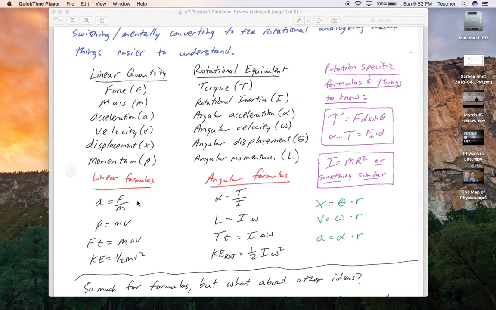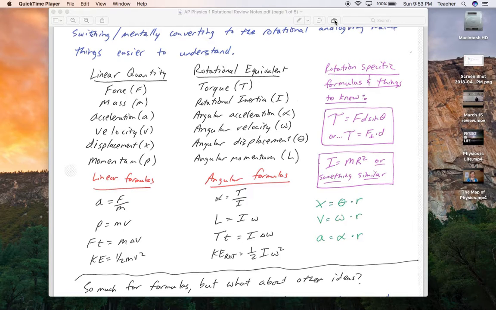Some of the formulas we know: acceleration is force over mass, angular acceleration is torque over moment of inertia. Momentum is equal to m times v, angular momentum is I times omega. The impulse momentum equation, torque times time, that should be delta t. I should fix that.